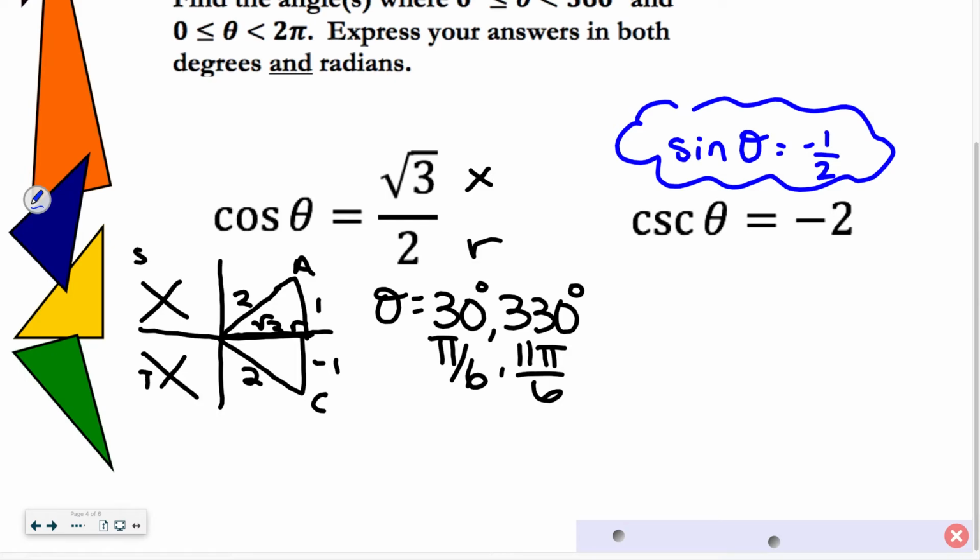I know sine is y over r. That one I'm pretty good at. All students take calculus. This cosecant or sine, whichever one we prefer to look at, is negative. So which quadrants could I be in?